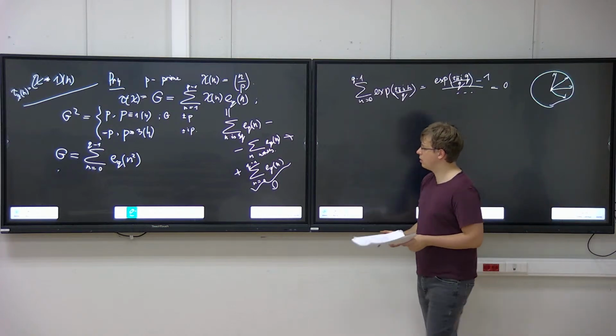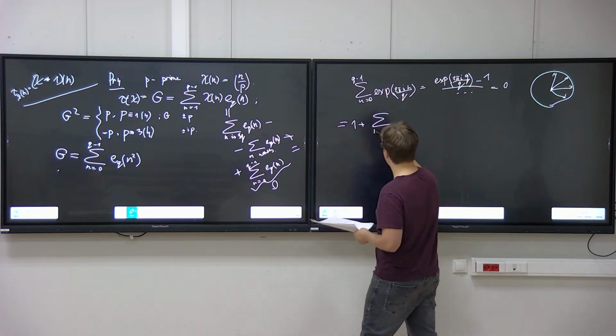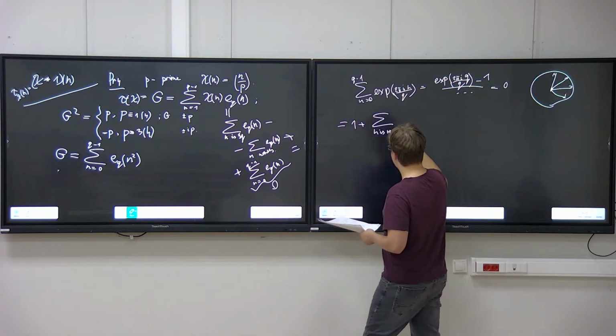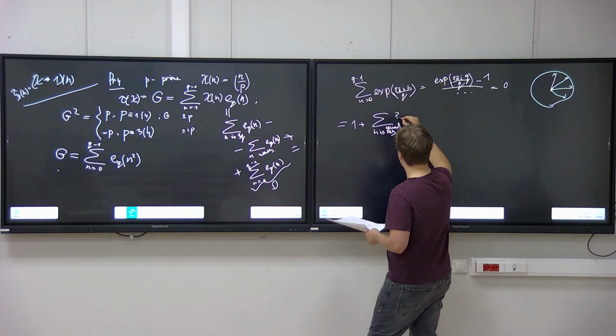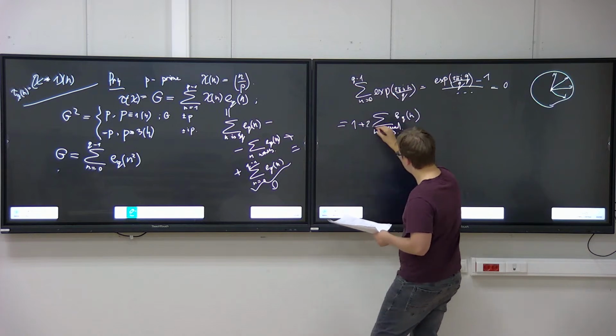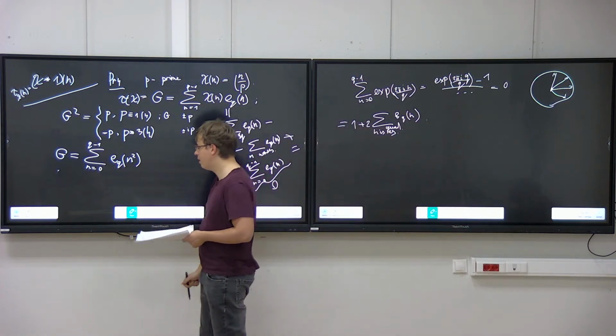Double the sum. Yes, so this is equal to 1 plus sum over n quadratic residue of e_q of n, double sum. And this is exactly such expression.